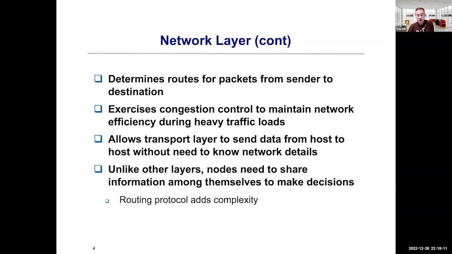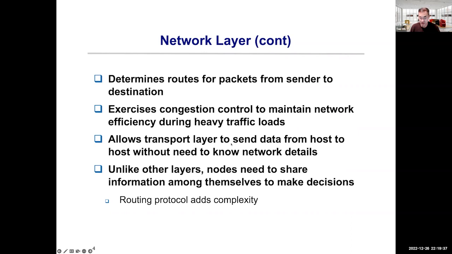So the nodes need to share that information among themselves to make a decision. The purpose is to make sure that every node has the same topology information, same map information, so that routing can be performed.